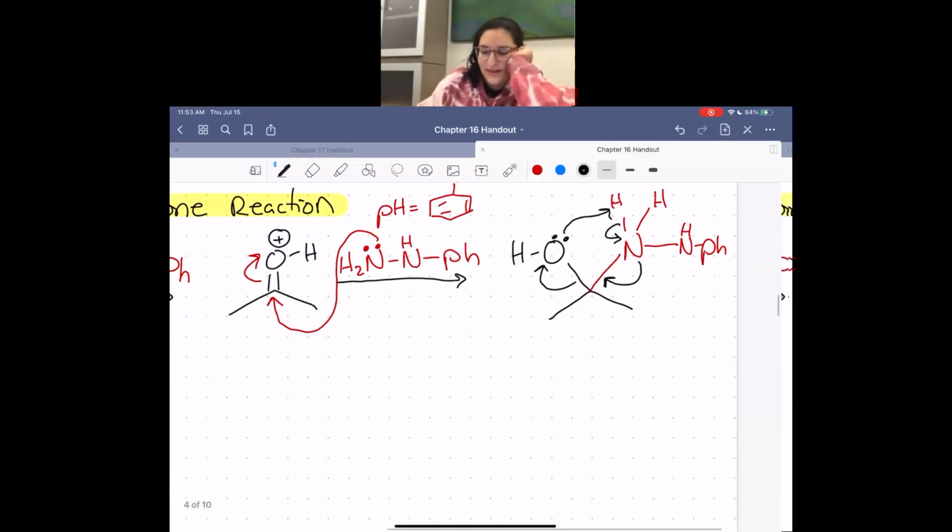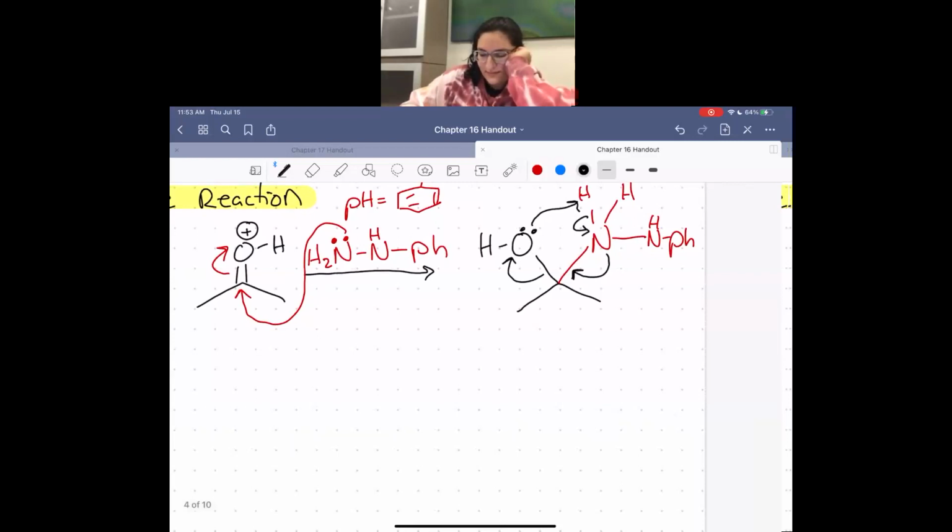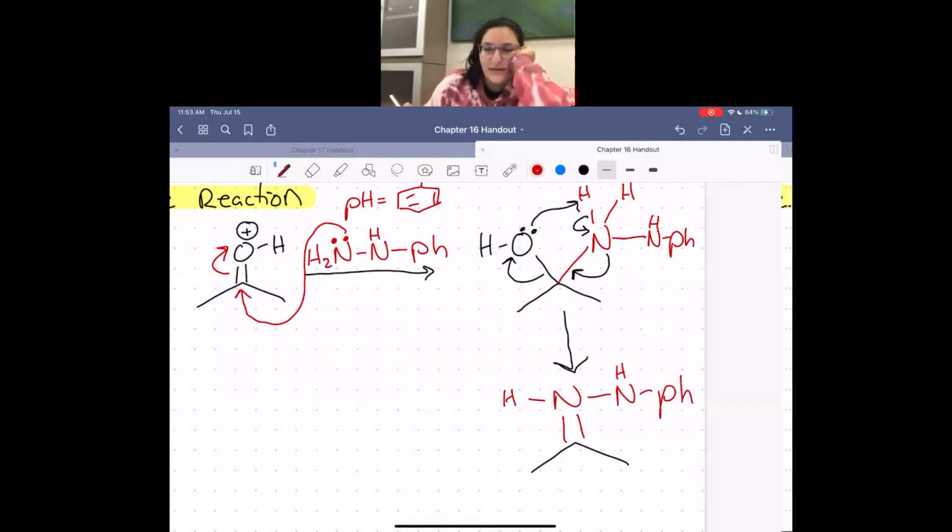So we get nitrogen with a hydrogen attached to another nitrogen with a hydrogen attached to a phenyl. And we have a plus charge.